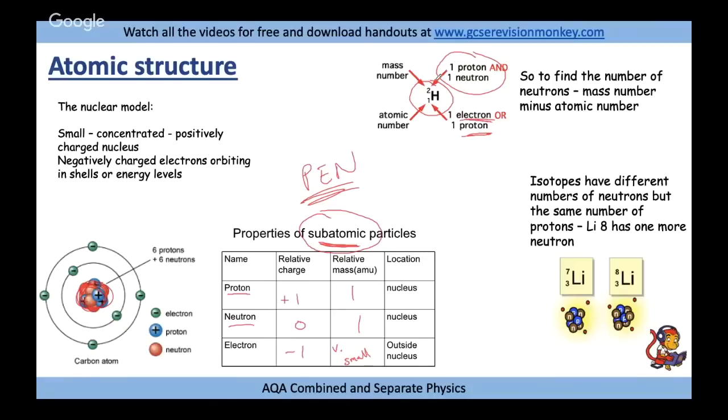So top number, or bigger number, take away smaller number. Now, an isotope is a different number of neutrons, but the same number of protons. So lithium-8, for example, has 1 more neutron, same number of protons. So here's my proton number. They both got 3. This one here has got 4 neutrons. That one there has got 5 neutrons.